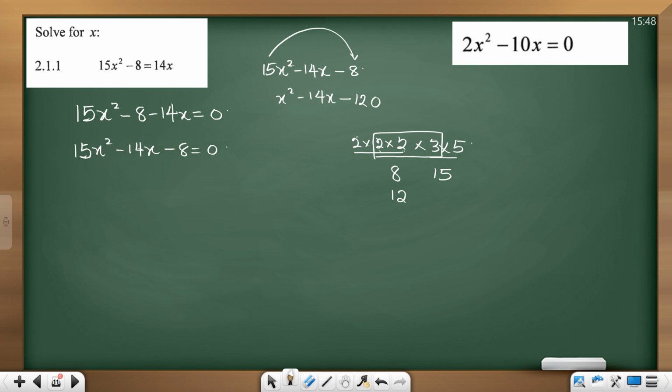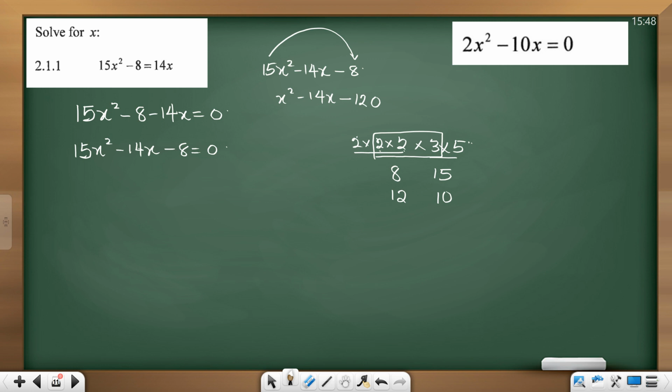And then 2 times 5, the remaining 10. But it's not going to give me 14. Remember, in this grade, you are still learning how to factorize. So let's look for another combination of numbers.